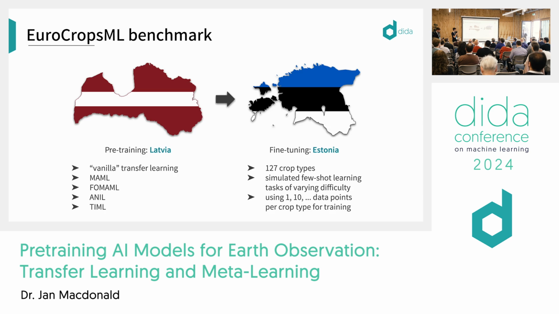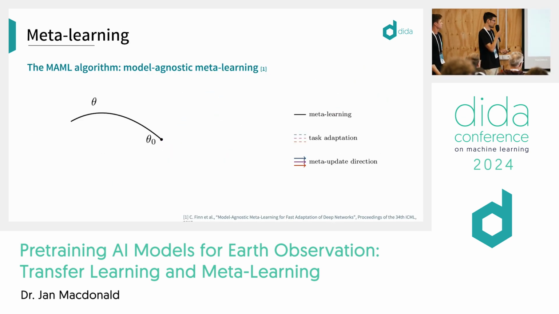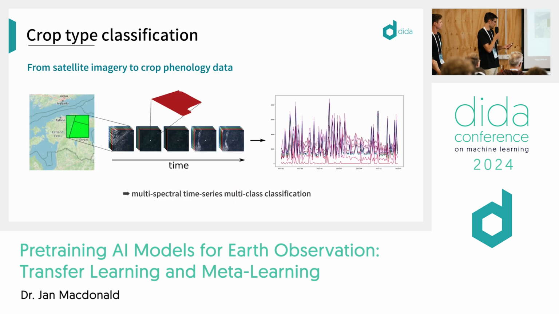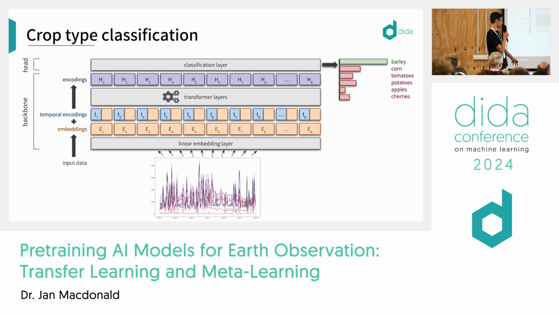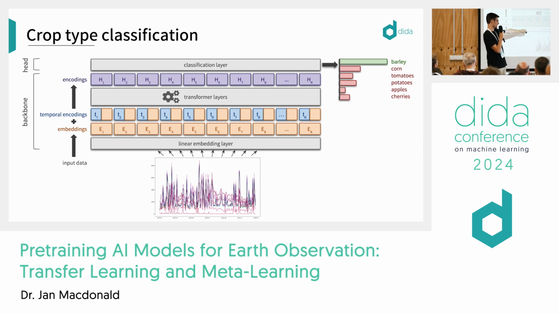Yeah, so in terms of the general approach or the architecture, it wouldn't change that much, because if I go back to the model, the first thing we are doing is using this linear embedding layer to embed each of the time steps into some arbitrary dimension that is used by the transformer model. So only this first linear embedding layer would need to be changed if we had fewer channels down here.